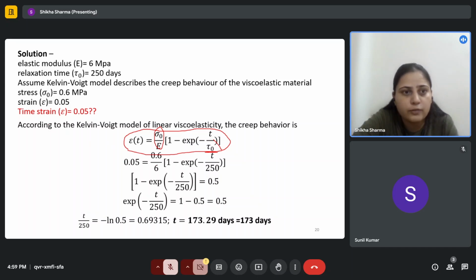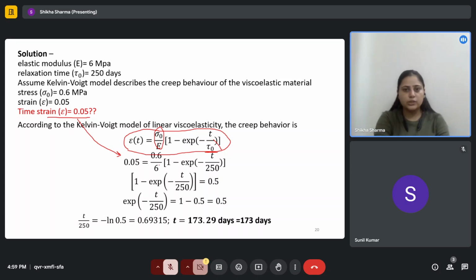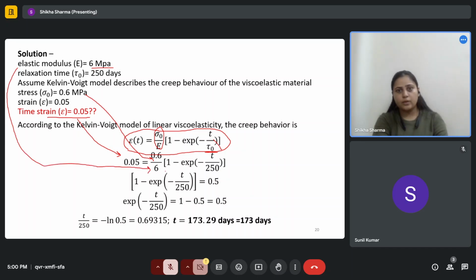So in this equation we have the strain at time t equals 0.05, equals the stress, which is given in the question as constant 0.6 megapascal, divided by the modulus, which is 6 megapascal, multiplied by 1 minus exponential of minus time, which we need to calculate, divided by the relaxation time of 250 days, which is given in the question. So we can put this, right.